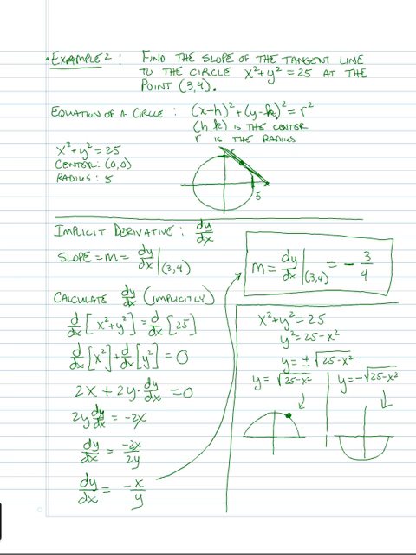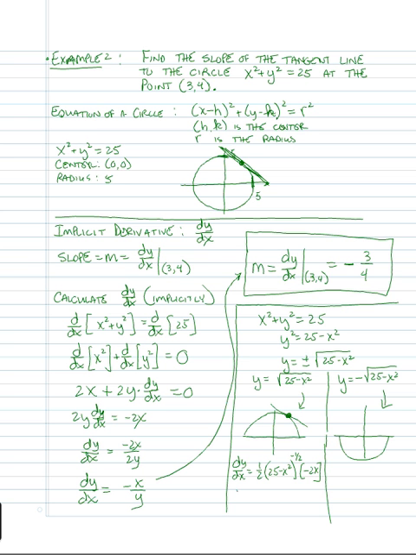Now what we could do under these circumstances is find the derivative of y, being the positive square root of 25 minus x squared, in an explicit way. We can do that explicitly. We could find the derivative of y with respect to x here, and we would have to remember that the square root is like a power of 1/2. So we'd bring that 1/2 down and decrease the power by 1, so we'd get a negative 1/2, and then multiply by the derivative of the inside, which would be a negative 2x.